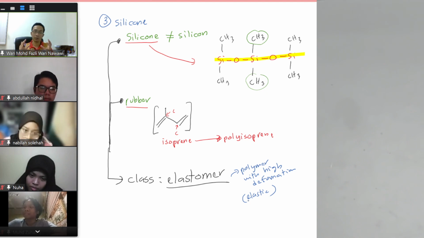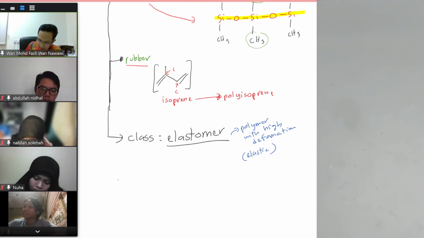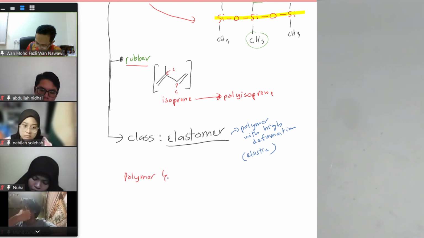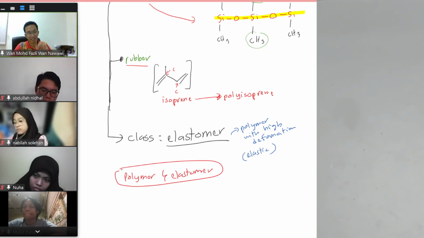So this is a different class of polymer, elastomer. Sometimes you see people put the title polymer and elastomer, even though elastomer itself is a polymer.